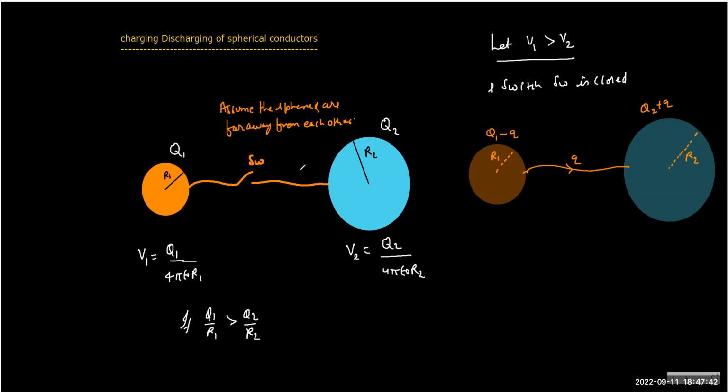Technically, there is no interaction happening. So now what you are supposed to write is at equilibrium, what must be the same? Tell me, guys. Potential. So what should I write here? V1 should be equal to V2. What is the formula for that? Q1 minus Q by 4 pi epsilon naught R1.